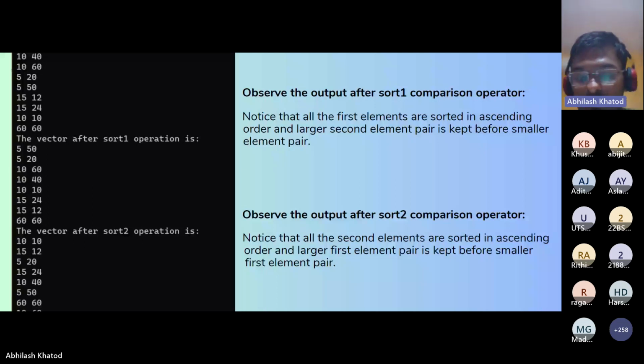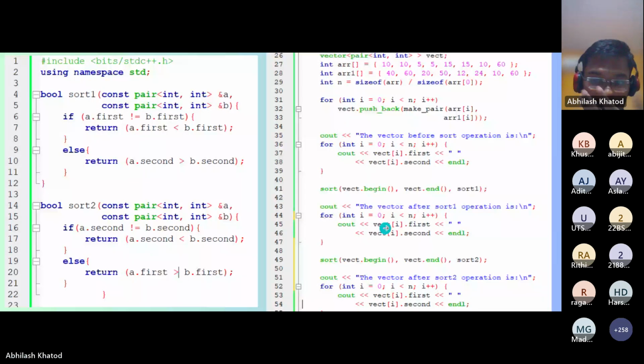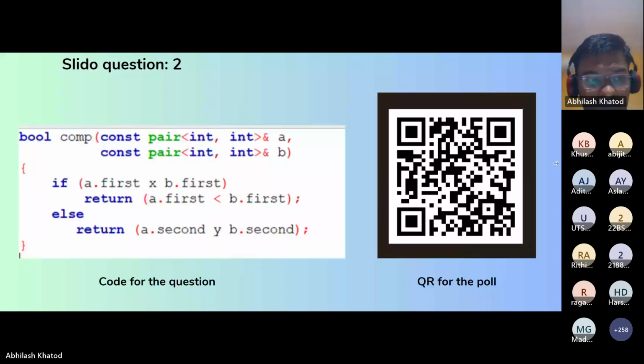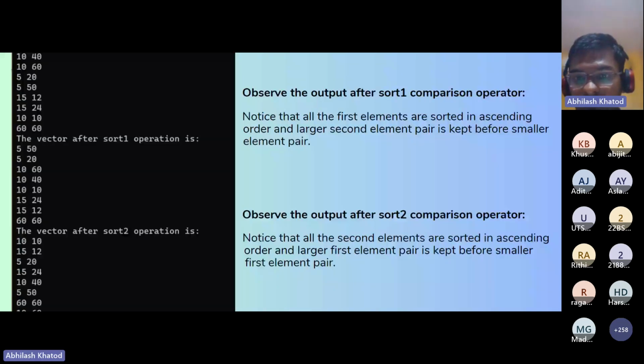Guys, I'll wait 2 minutes more. If you have any doubts, ask now, because we have another Slido question coming up which is based on this. So if you have any doubt, just ask me now. I know it's pretty fast, but there's no time. Any doubts, please chat.